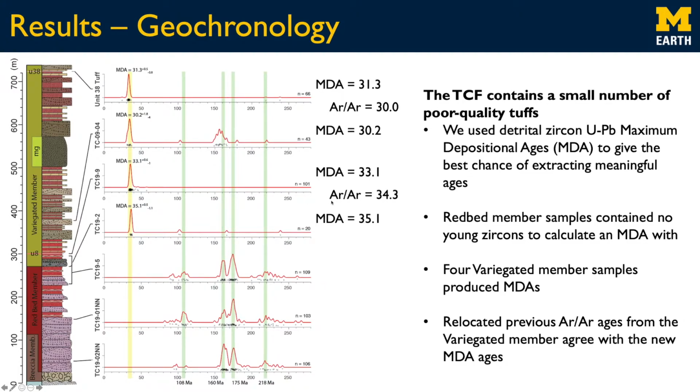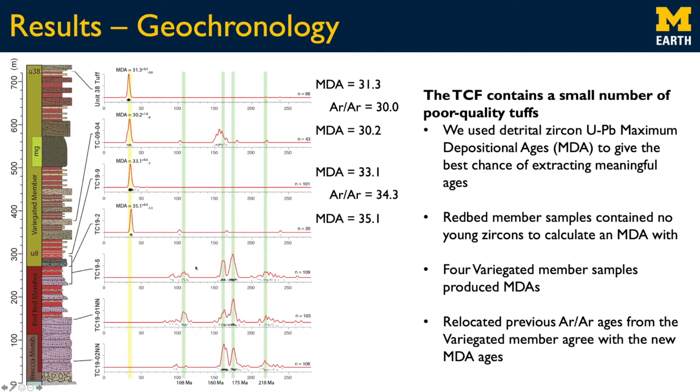I also mentioned earlier the argon-argon ages, which had been previously analyzed. We compiled those from a variety of sources, published and unpublished, and placed them within our new stratigraphic framework. And they largely agree with our MDAs, giving the variegated member an age span of about 35 to 30 Ma.